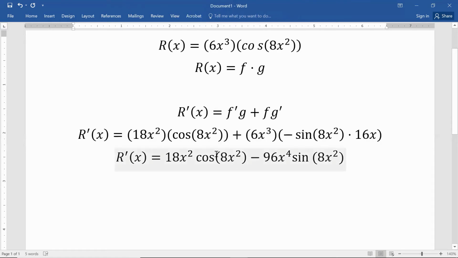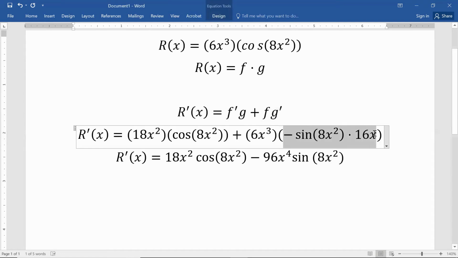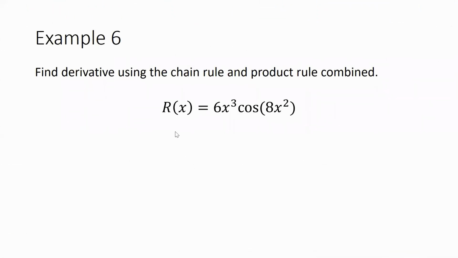And once again, that required us to do a product rule, but inside of the product rule, to find this g prime, I had to utilize a chain rule. So we can take a chain rule and combine it with a product rule and figure out derivatives.